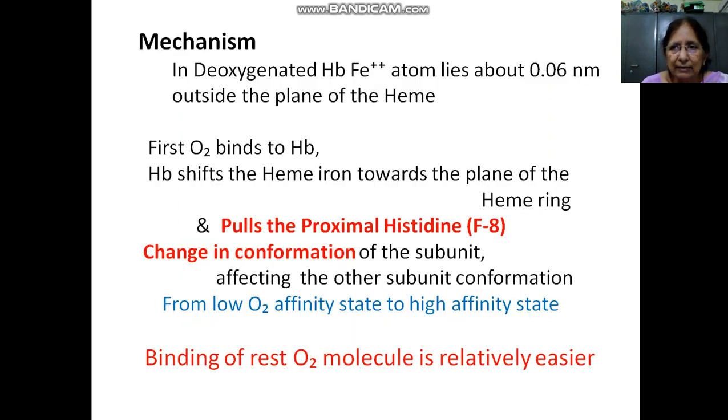And what is the mechanism? The mechanism of oxygen binding is that in deoxygenated hemoglobin, the ferrous atom lies about 0.06 nm outside the plane of the heme. When the first oxygen molecule binds to the hemoglobin, the iron shifts into the plane of the heme ring and pulls the proximal histidine, and this changes the conformation of that subunit.